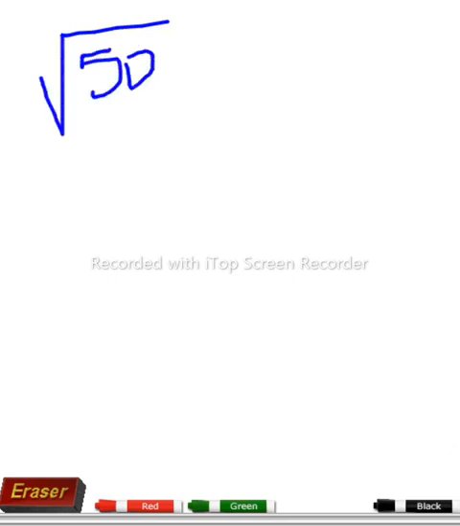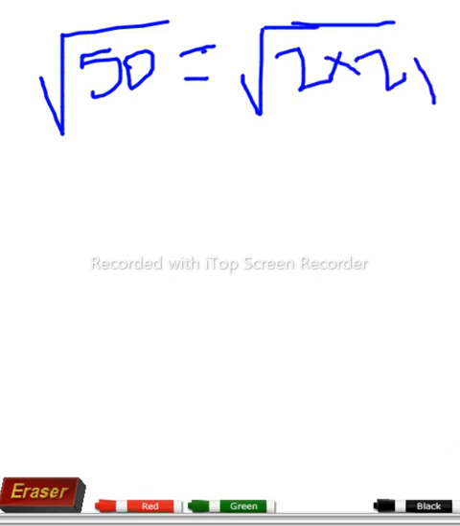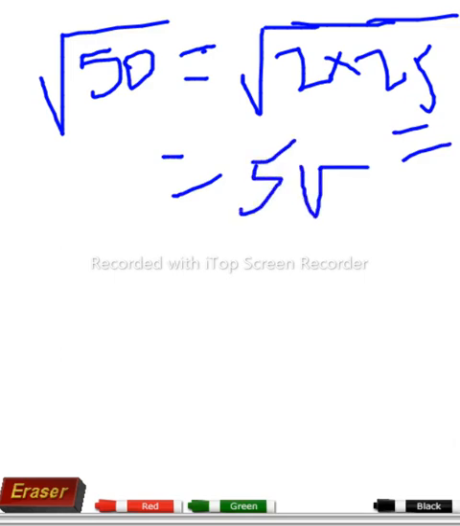The square root of 50 means the square root of 2 times 25, because 25 times 2 is 50, and 25 is a perfect square, so we can take it out as 5, because 5 times 5 is 25.